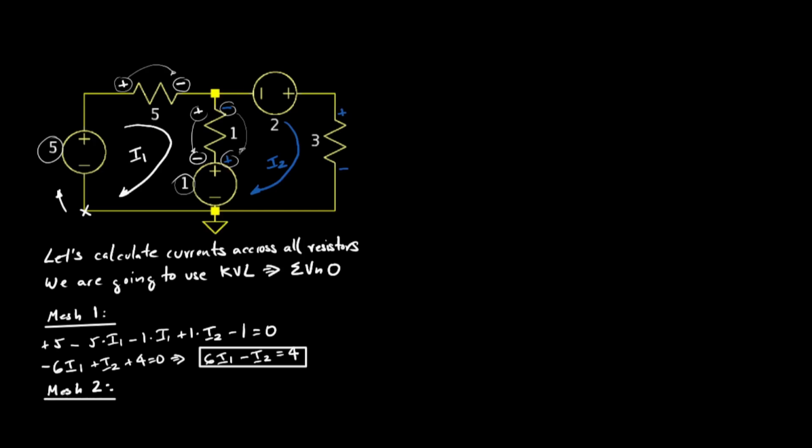Once I go through the 5-volt voltage source, I find a voltage drop across the 5 ohm resistor.